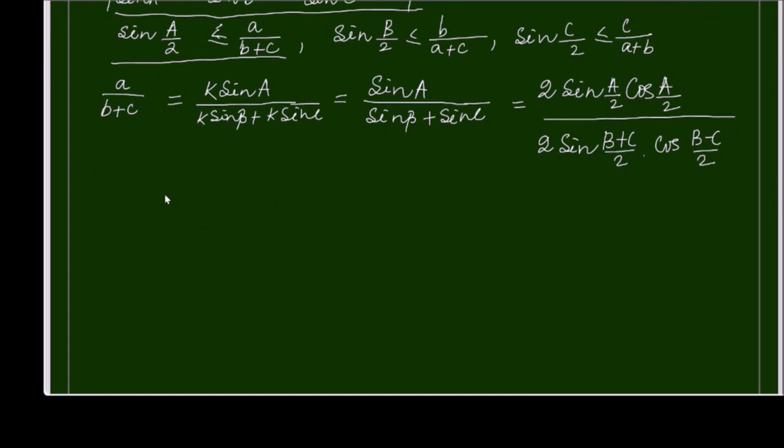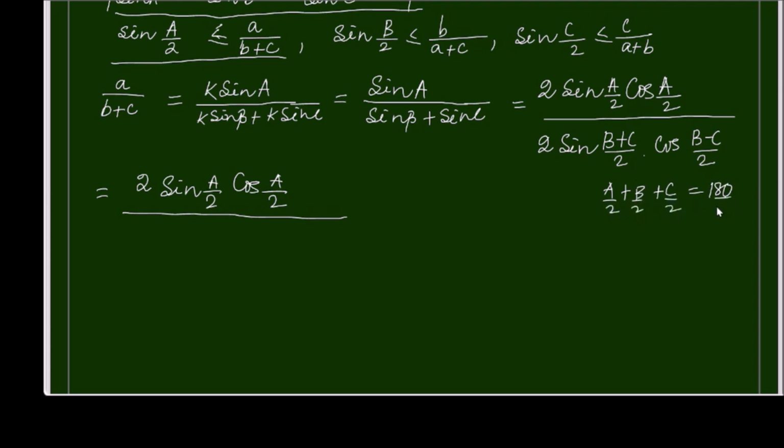So on simplification, I can cancel 2. So this will be 2 sine A over 2 cos A over 2 in the numerator. And for the denominator, I am changing sine of (B plus C) by 2. We know that in any triangle, A plus B plus C is 180 degrees. So A by 2 plus B by 2 plus C by 2 is equal to 90 degrees.